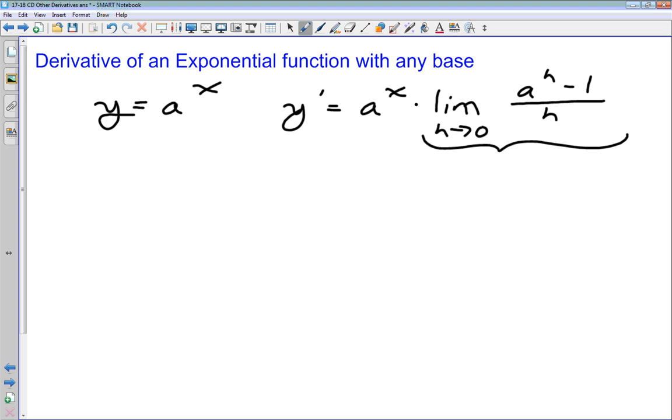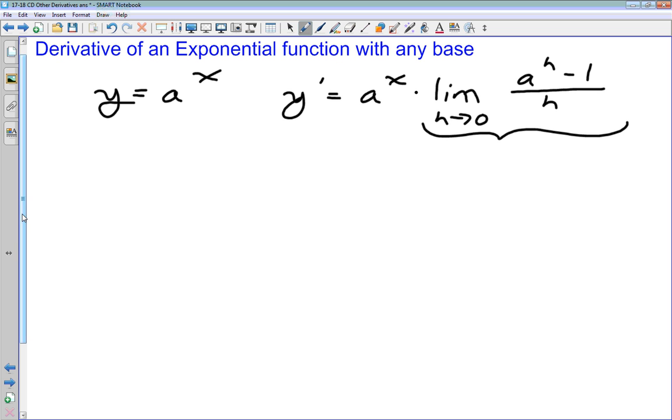Which led us to figuring out that, hey, that whole limit was equal to 1 if we were using base e, and isn't base e really, really nice, and why don't we use it all the time? Well, we can't use it all the time. Sometimes we're going to have a number in there that is something other than base e. So how can we figure out how we're going to do this derivative here?